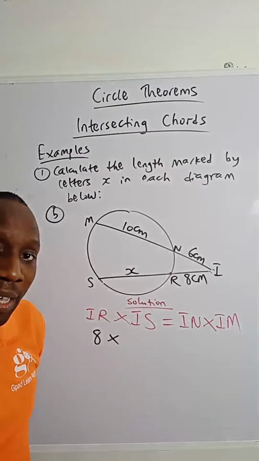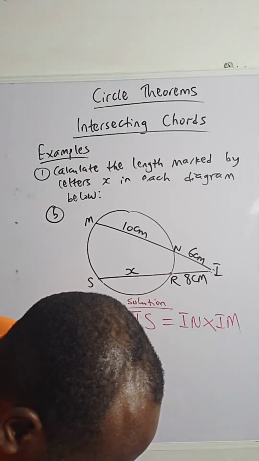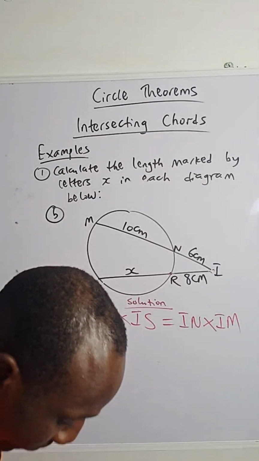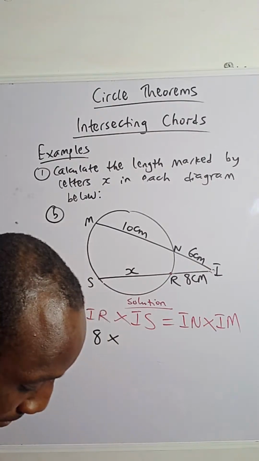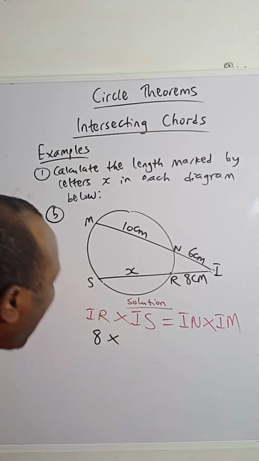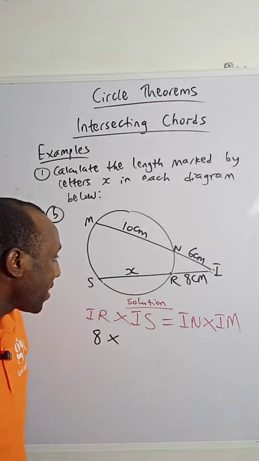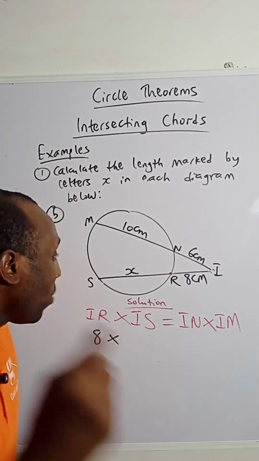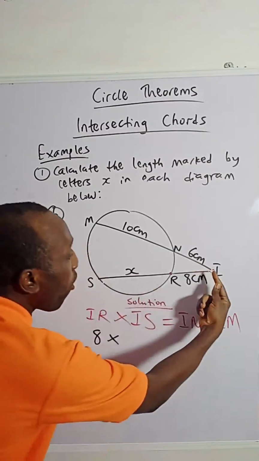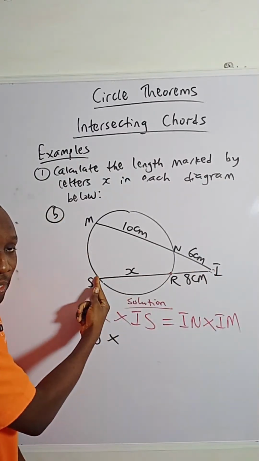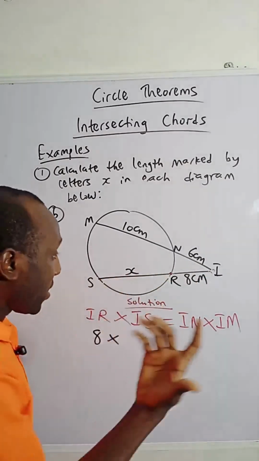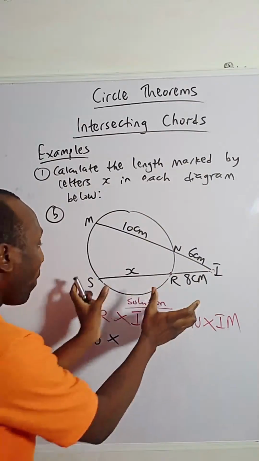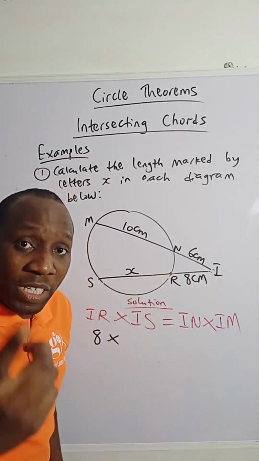You try, but it's not 8x. You are talking about the whole line from I all the way to S. This is 8, and from here to S is X. If you combine this and this, what are you going to have?